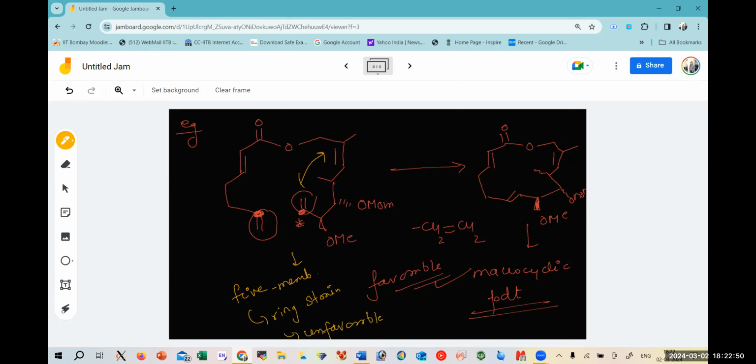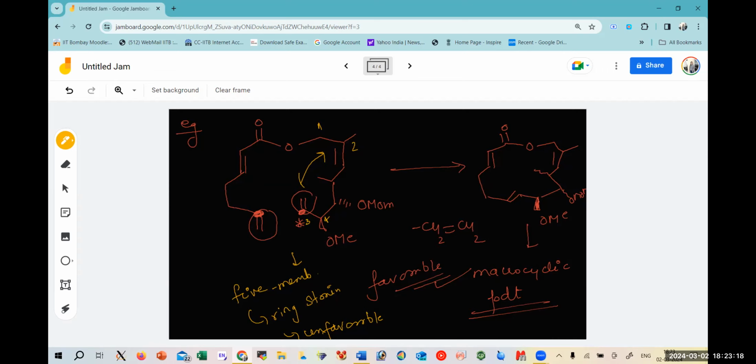How would it be a 5-membered ring? Say this is 1, 2, the other part would open up. So depending upon which part you want to get connected with, 3, 4, and this oxygen as a 5 over there.